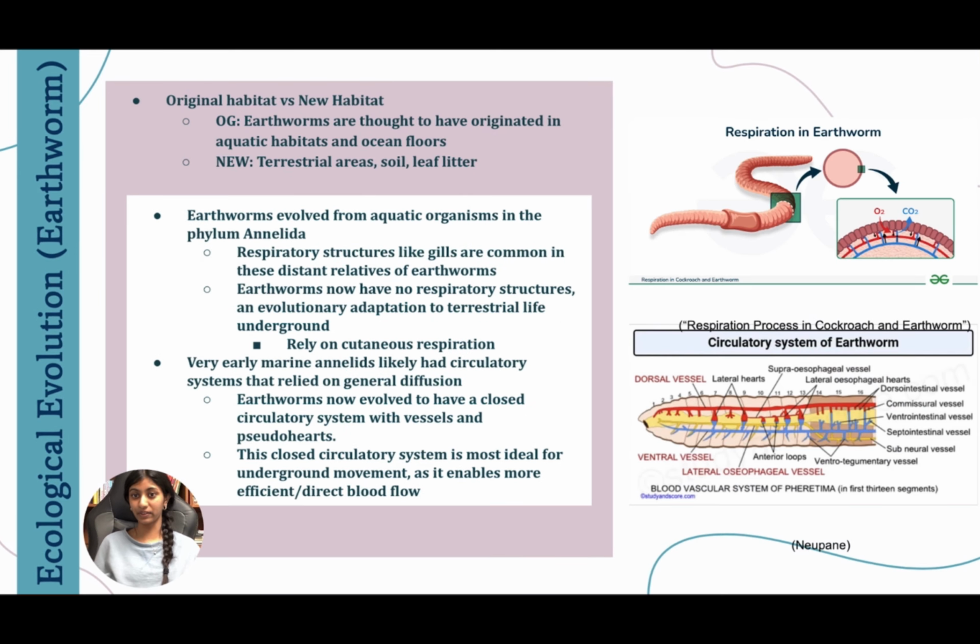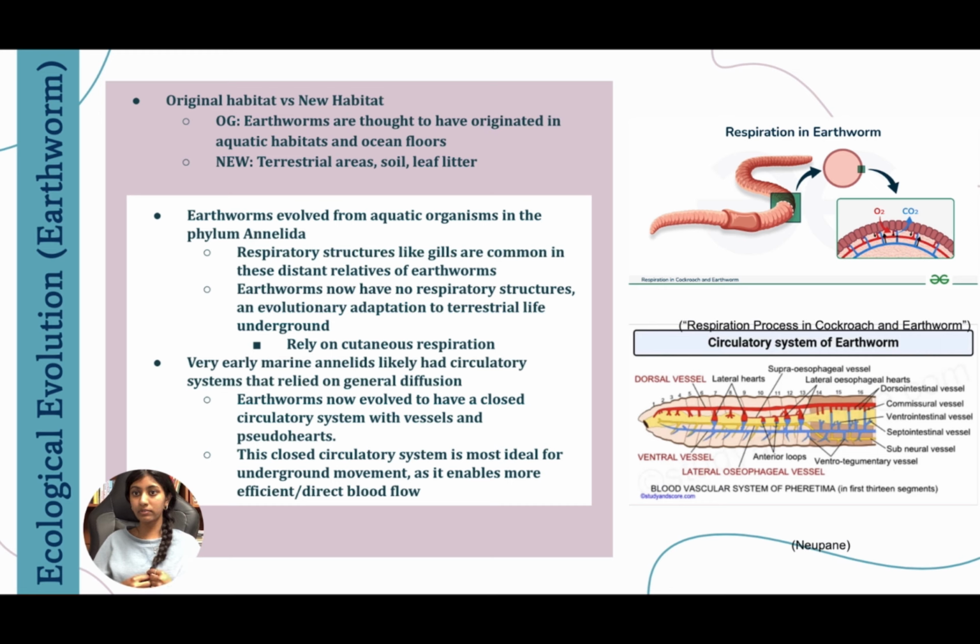Now moving on to the earthworm. Something pretty interesting about them is they are thought to have originated from completely aquatic environments, but now they can be found in more terrestrial areas such as soil and leaf litter. So because they evolved from aquatic organisms, early earthworms can be seen to have respiratory structures similar to gills on fishes.